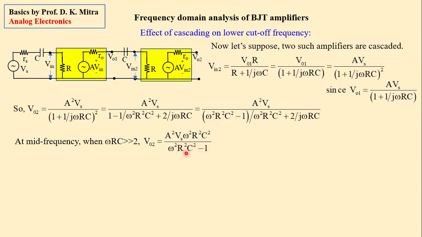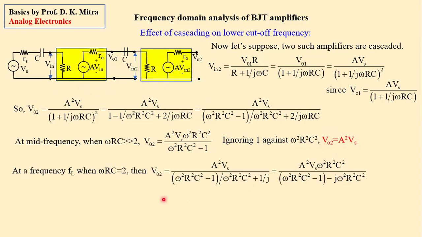But omega square R square C square is much, much higher than 1, so if you ignore 1, you are left with only A square VS. That means at mid frequency, the gain is A square, the product of the two gains. Since both gains are A, it is A square. If it was A1 and A2, this would have been A1 times A2.